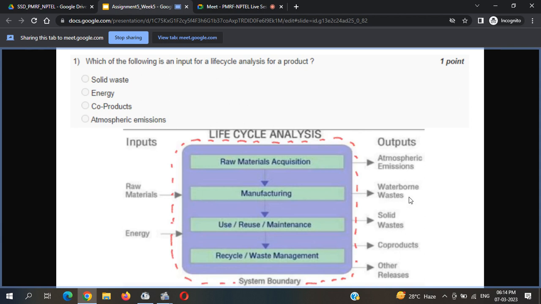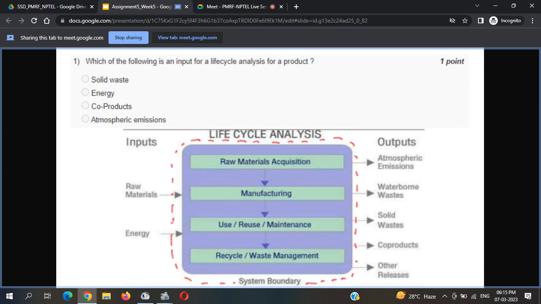Same is true for waterborne waste. So it depends on which kind of product we are talking. There might or might not be some waterborne waste which is there during the raw material acquisition stage. There can be some waterborne waste during the manufacturing stage. There can even be waterborne waste during the use stage or even during the recycling or waste management stage.